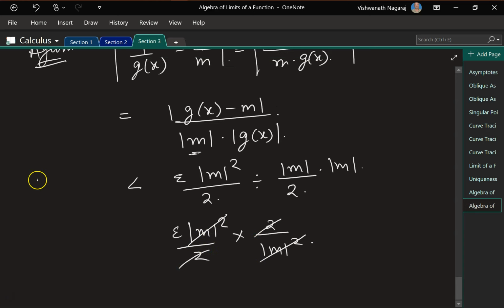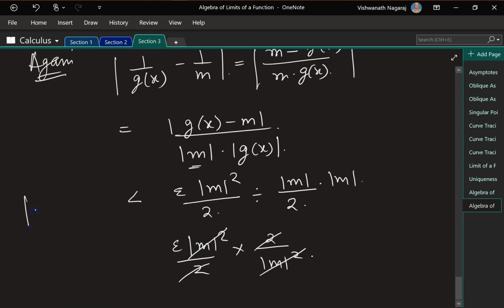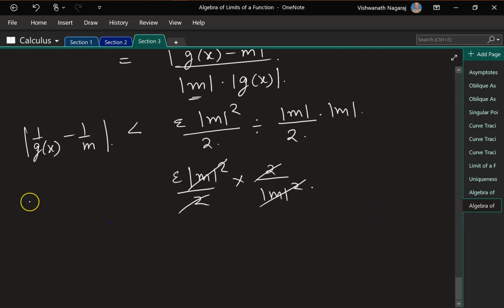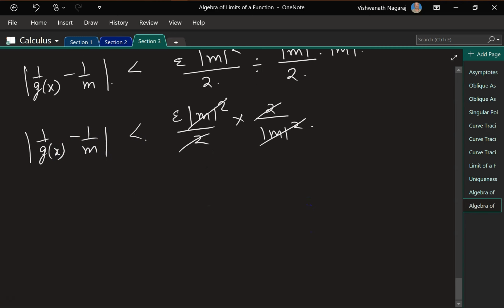So on the left hand side, what do we have? We have magnitude of 1 by g of x minus 1 by m is less than this. So what do we end up with? 1 by g of x minus 1 by m is less than epsilon for the given condition, x minus a is between 0 and delta.